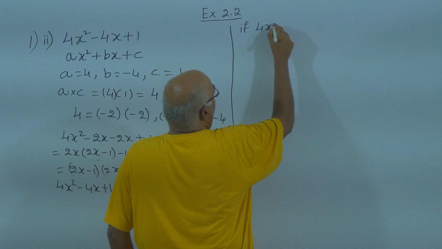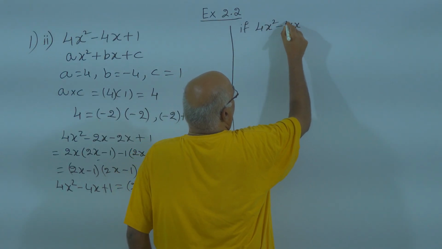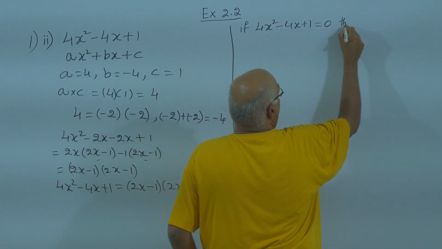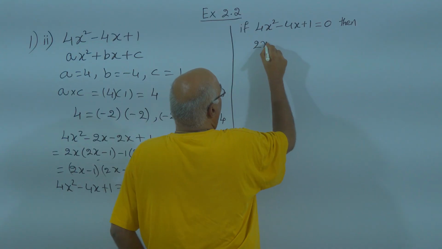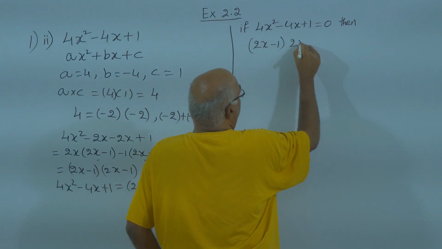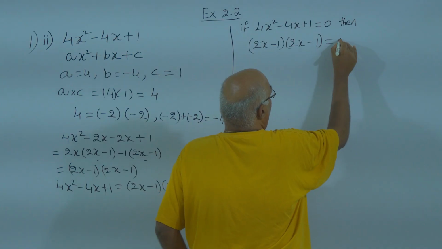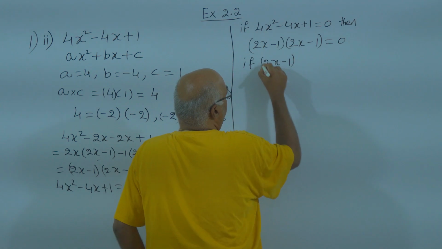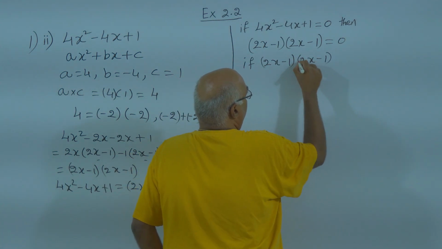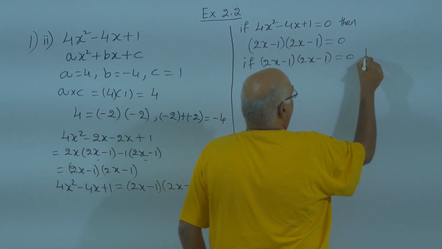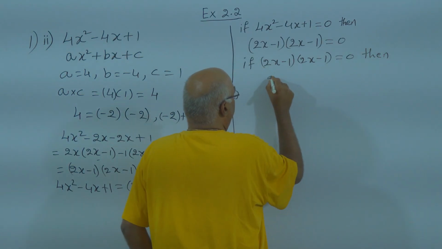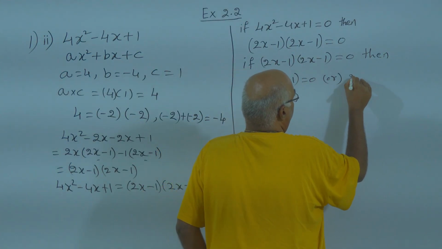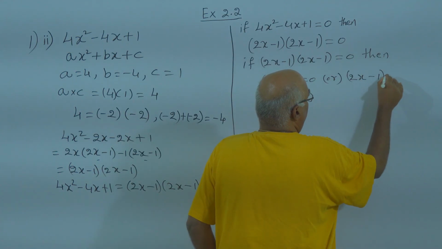If 2x minus 1 into 2x minus 1 is equal to 0, then 2x minus 1 is equal to 0 or another 2x minus 1 is equal to 0.